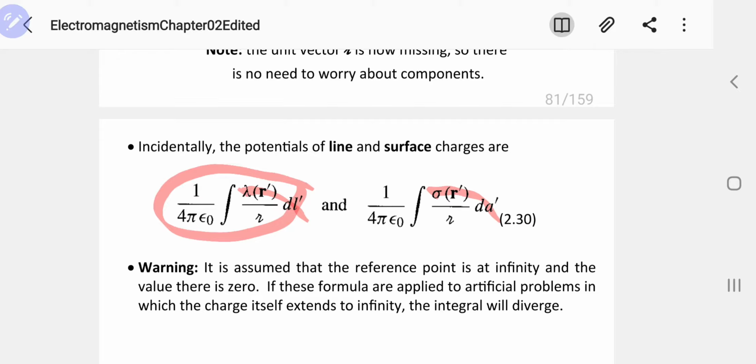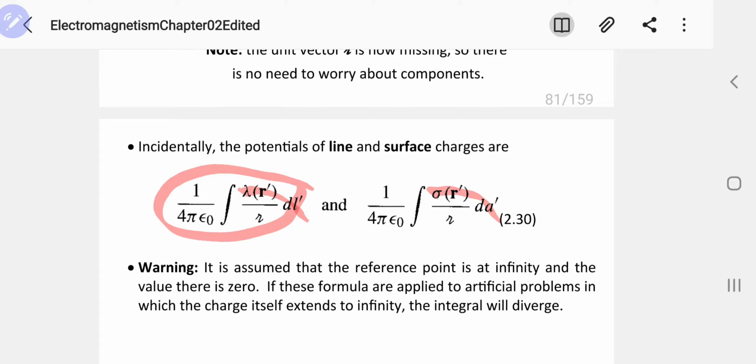So if the formulas are applied to charges that are distributed on an infinite surface, for example, or volume, or infinite line, then you will not be able to get the integral of that, because the potential at infinity will not be 0.